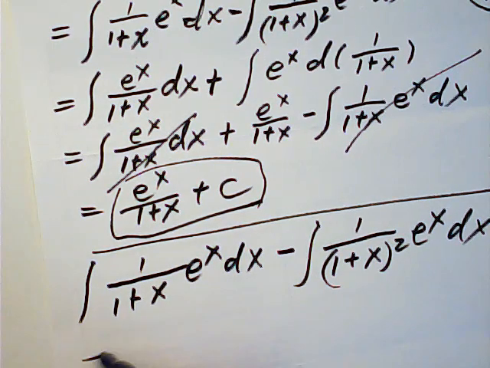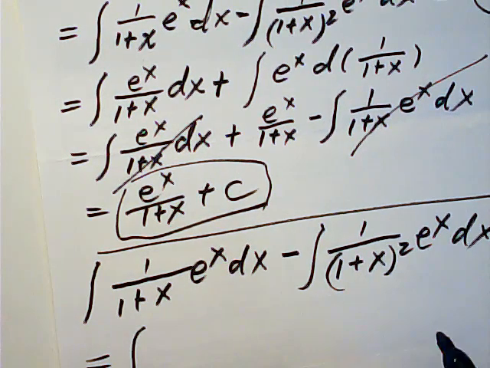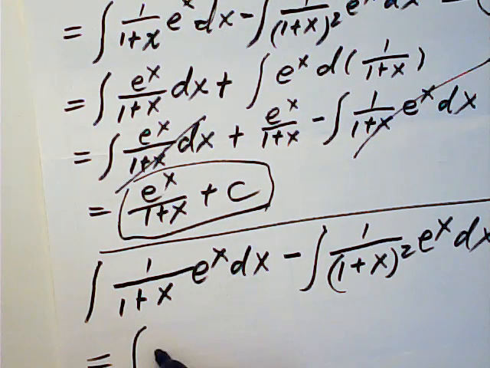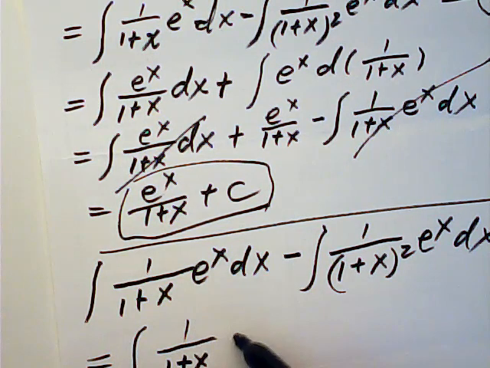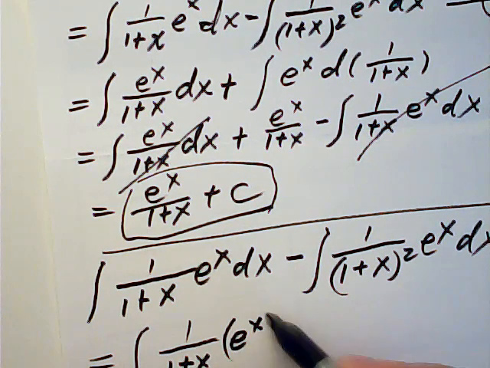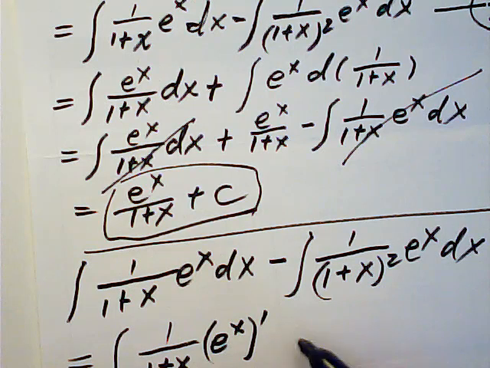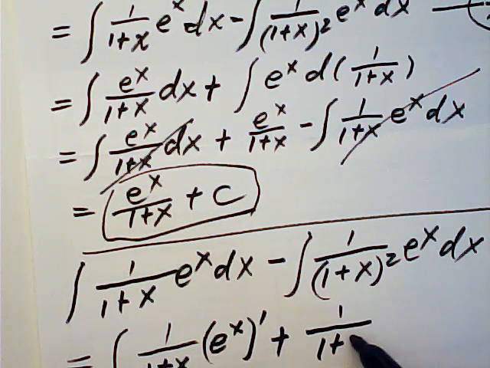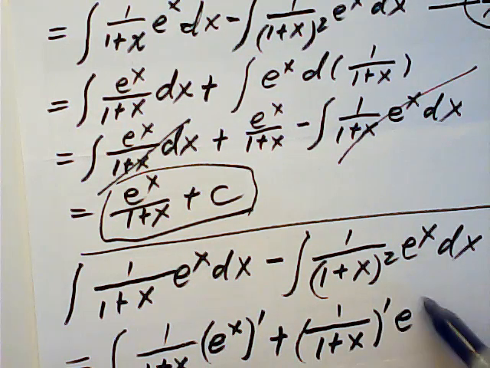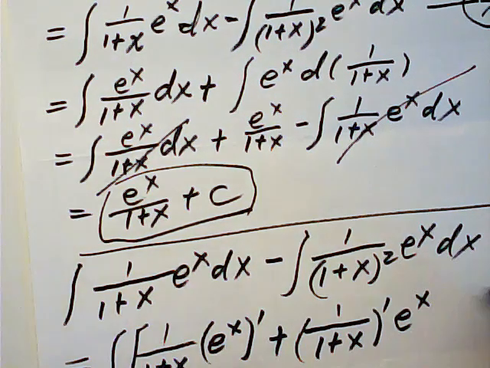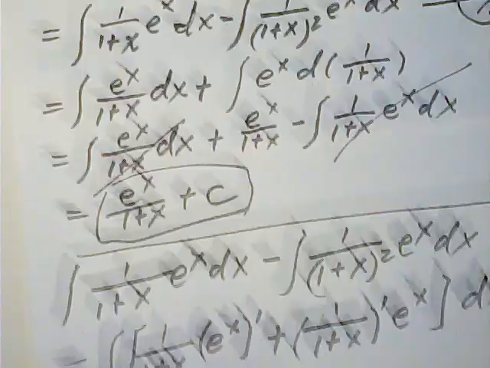I start from there. Well, I'm using a different method. Well, this one is 1 over 1 plus x times the derivative of e to the x plus the derivative of 1 over 1 plus x times e to the x, altogether dx, right?